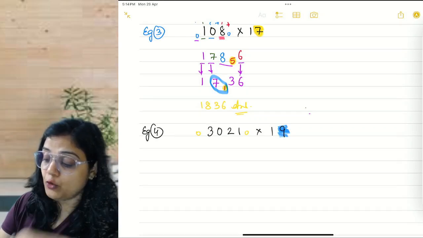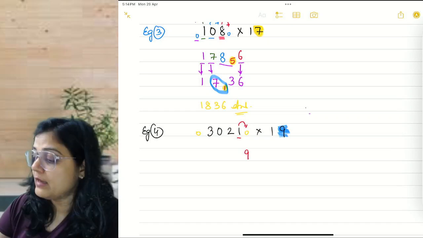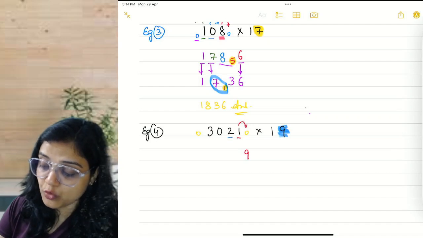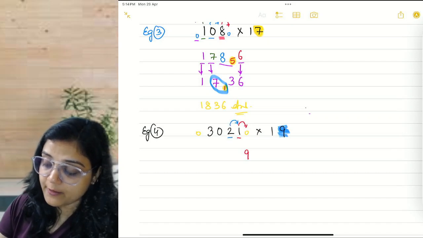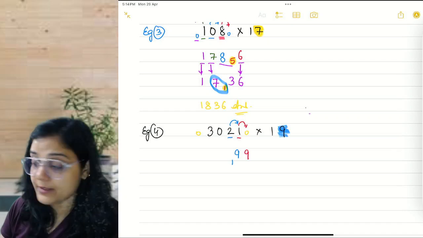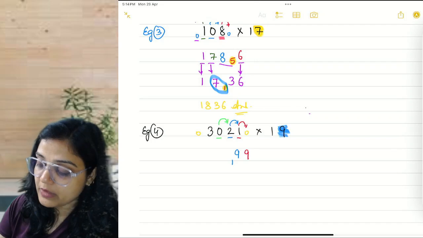So 9 into 1 is 9, plus 0 is 9. Alright? Then 9 into 2 is 18. 18 plus 1 is 19. Alright? Then 9 into 0 is 0, plus 2 is 2.